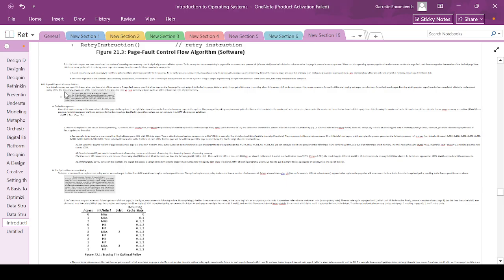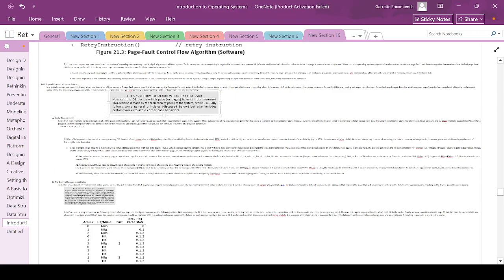Beyond physical memory policies, in a virtual memory manager, life is easy when you have a lot of free memory. A page fault occurs, you find a free page on the free page list and assign it to the faulting page.